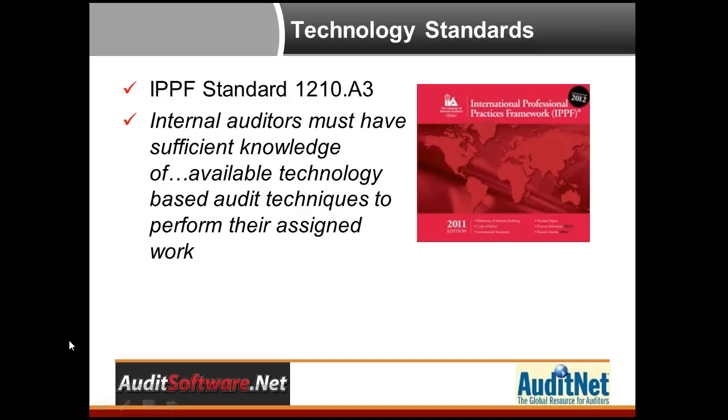I mention that because it's particularly relevant to the use of data analytics. The documents the IIA has issued reinforce the concept that internal auditors must have knowledge of the available technology-based audit techniques to perform their assigned work.